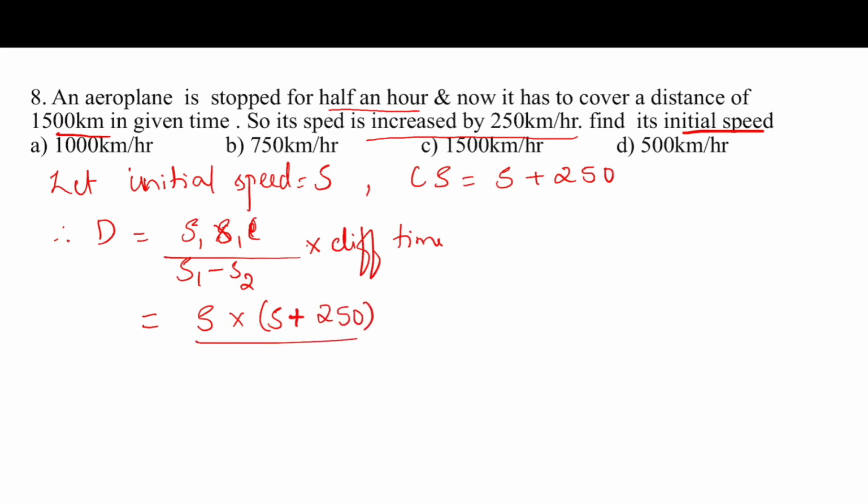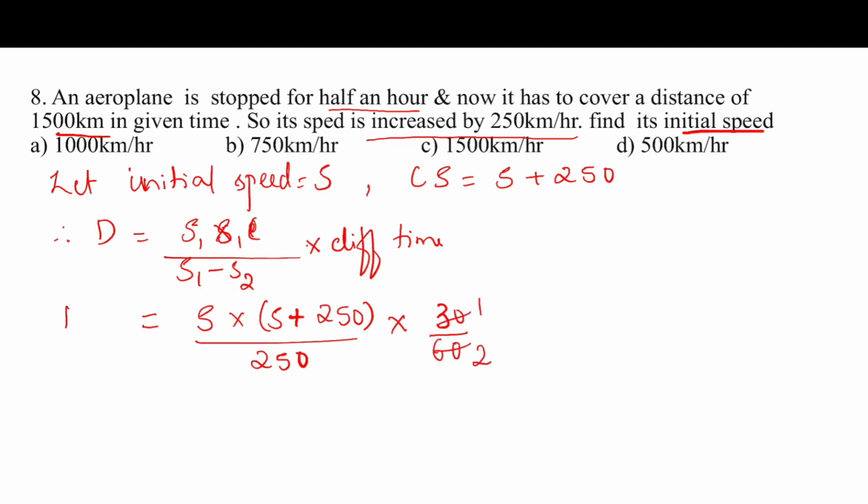If it was x earlier, now it has become 250 extra, so the difference between initial speed and current speed is 250, isn't it? The difference in time is half an hour. It is reaching late, so that 30 minutes itself is the difference in time. So it is 30 divided by 60.